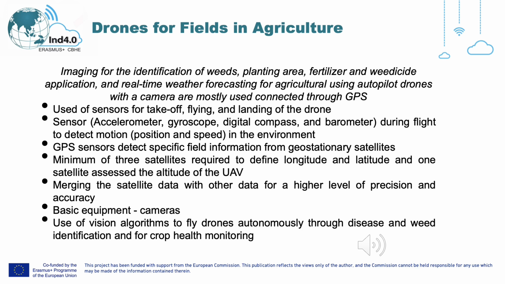Minimum 3 satellites are required to define the longitude and the latitude, and one satellite assesses the altitude of the UAV. Basically, the satellite data is merged with other data for a higher level of precision and accuracy. This vision helps in agriculture through disease and weed identification and for crop health monitoring.